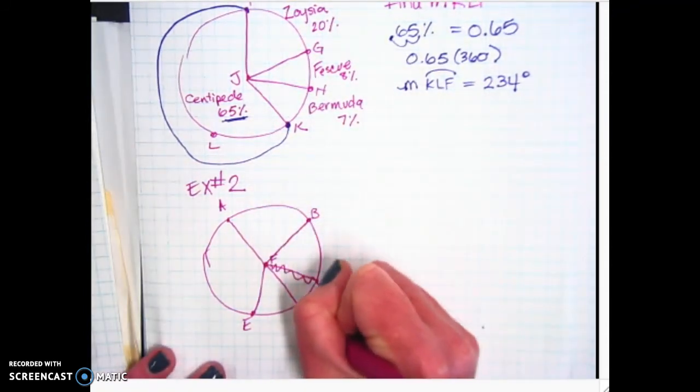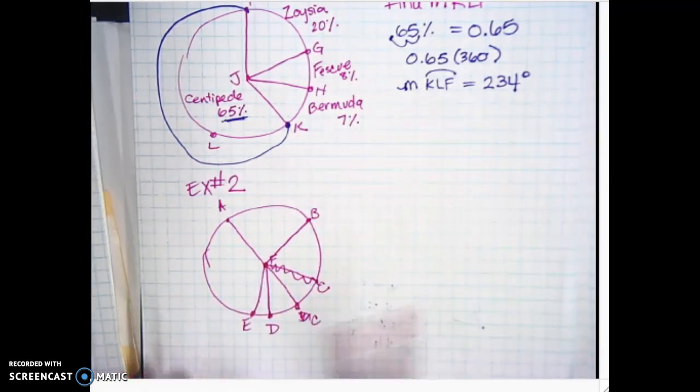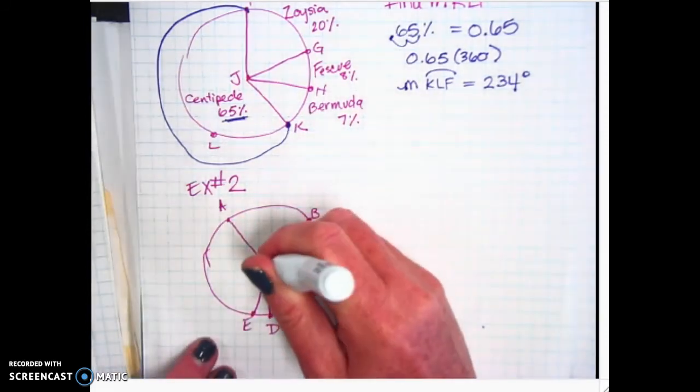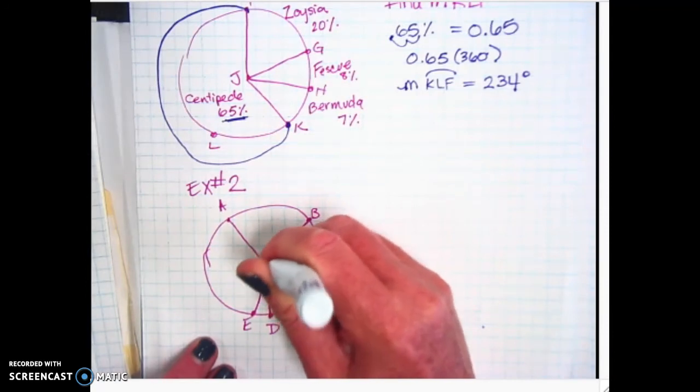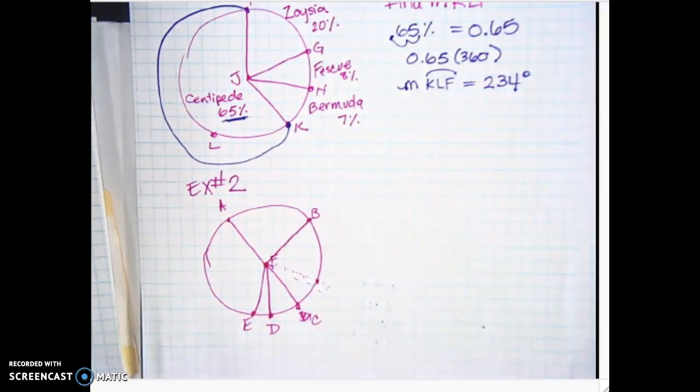This should be C and D should be in here. Let me wipe that out. That's what happens when you get sloppy. Sorry. All better.